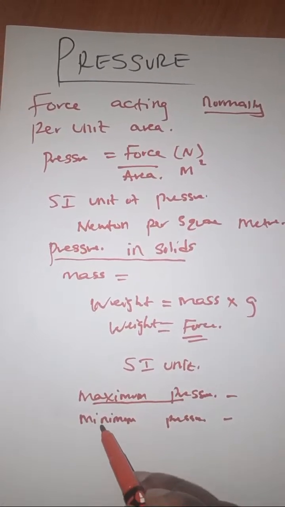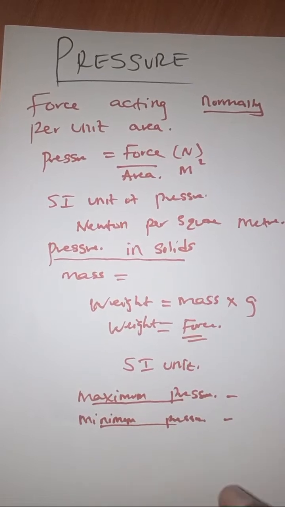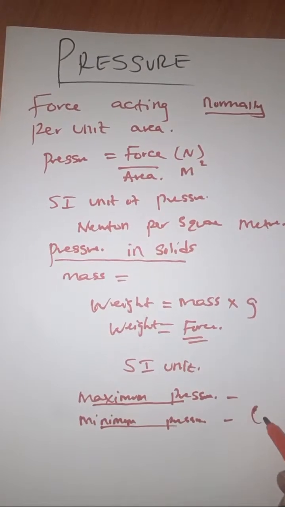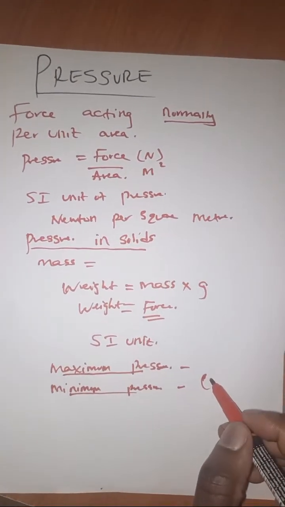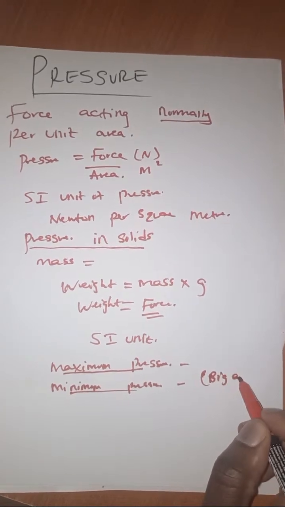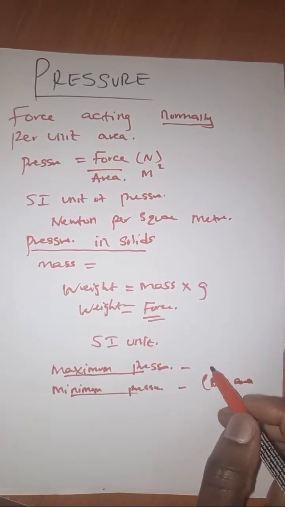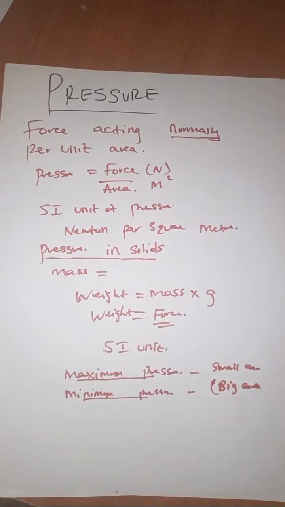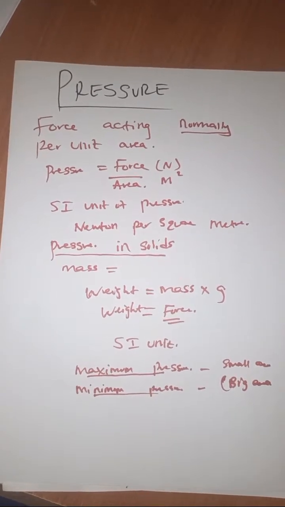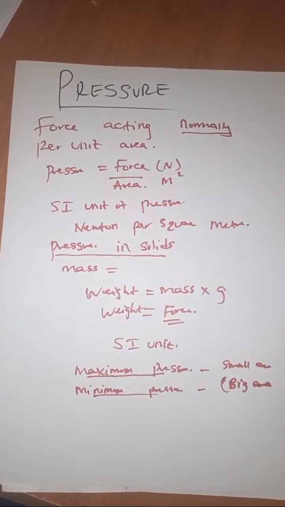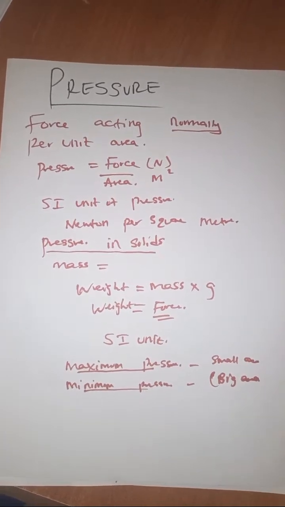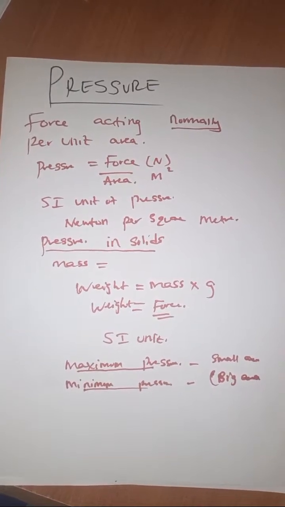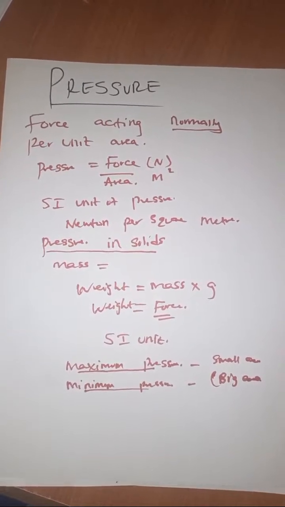But when you are wearing a flat shoe, which has a big area, that is minimum pressure, with a big area, and maximum pressure comes with a small area. It is the same reason why a needle is so sharp when it comes into contact with your skin.